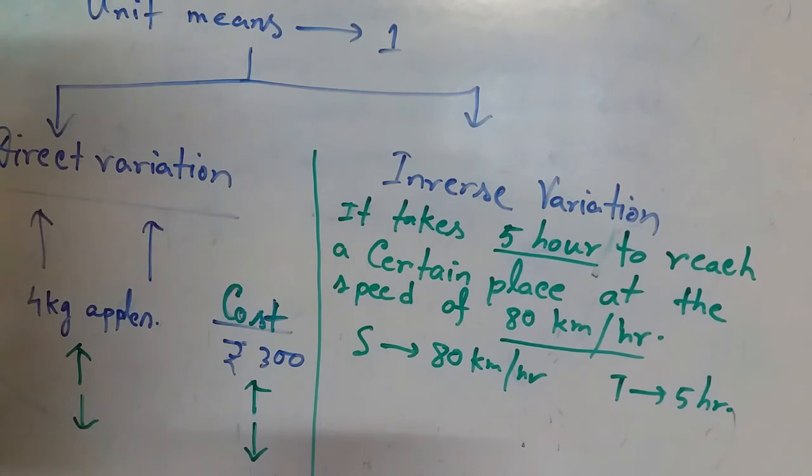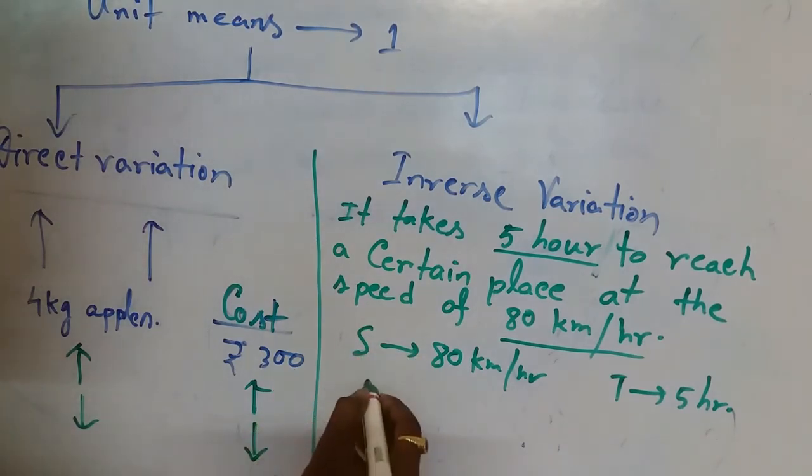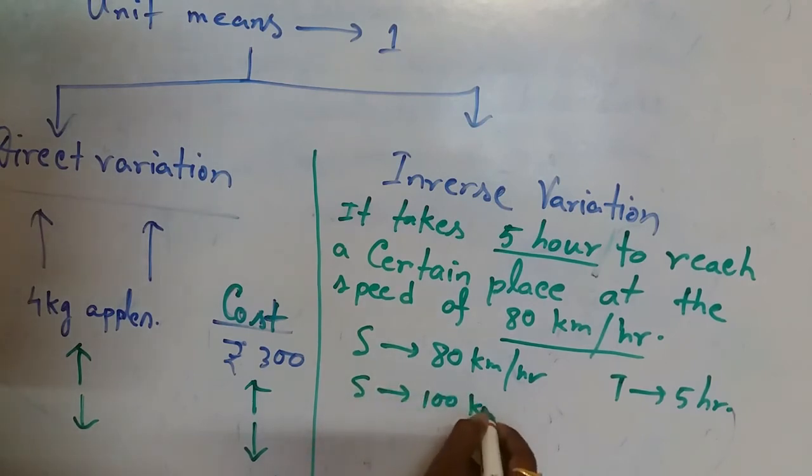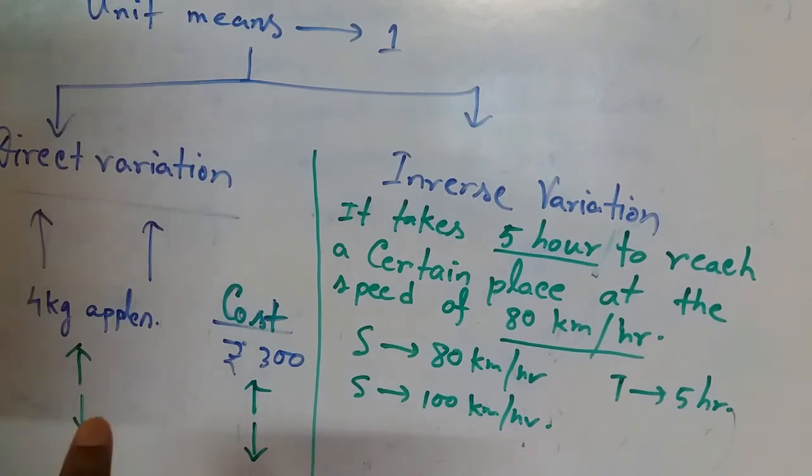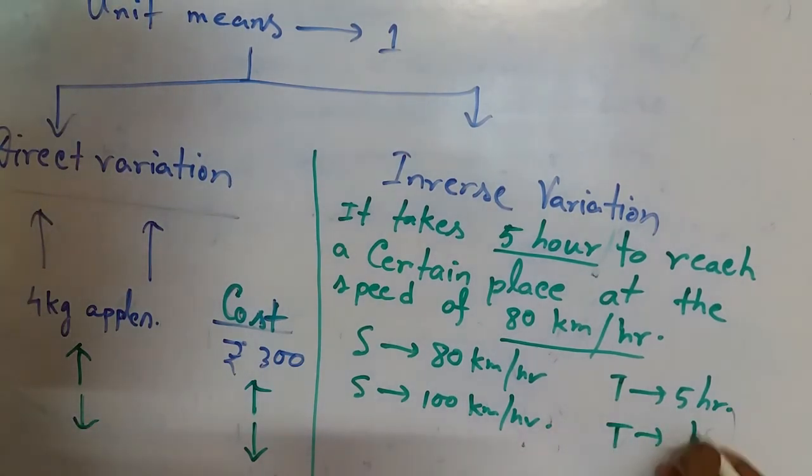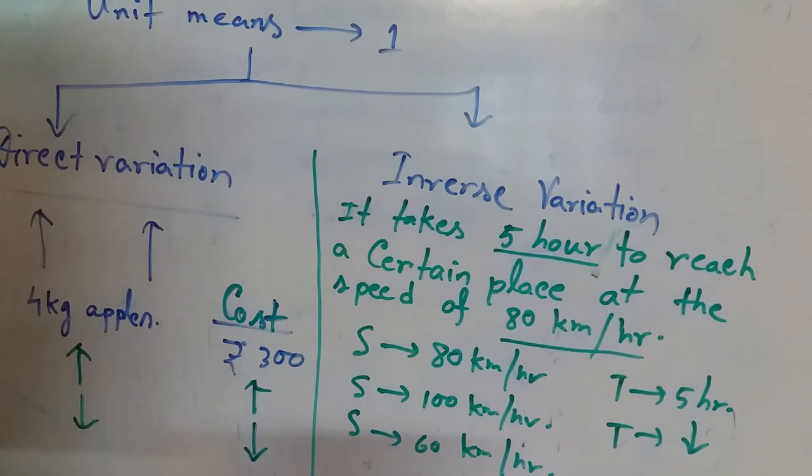If I increase my speed, suppose to 100 km per hour, then obviously my time taken will be less than 5 hours. Now if we lower the speed, suppose to 60 km per hour, then my time taken will be more than 5 hours.